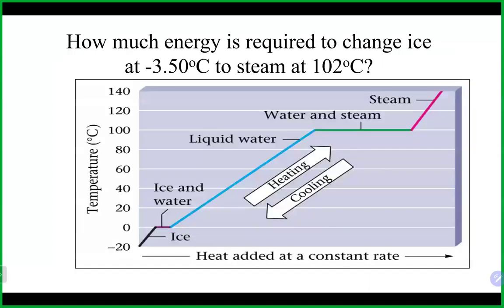Now, let's take a look at this sort of graph. Really, the very first thing is we're going to be starting here, and that's basically ice at about -3.5 degrees.